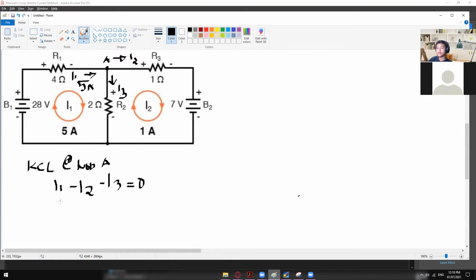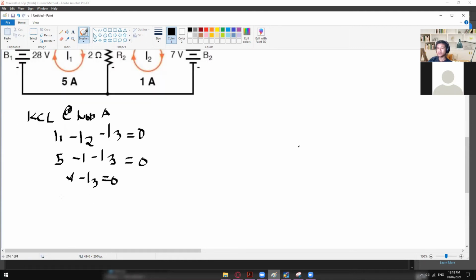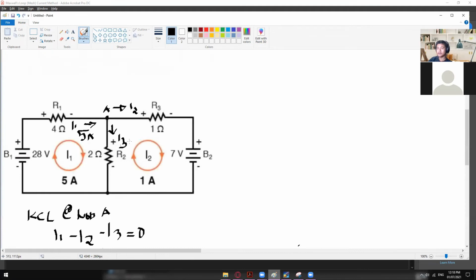Then you can now put here the values of your current. So 5 for I1, and then I2 is 1 amp, and then minus I3. So 5 minus 1 is 4, minus I3 is equal to 0. You can now transpose this one to the other side, so I3 is equal to 4 amps. Right here we have a current that is flowing, which is 4 ampere, and then right here we have a current that is flowing, which is 1 ampere.